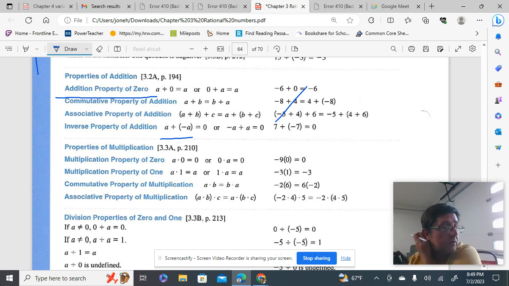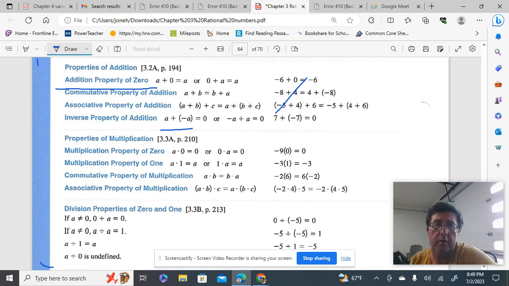You can switch those around. You can do that in multiplication too. You can't do that in division and subtraction, but you can in multiplication and addition. Okay, so the associative property of addition is just when you're moving the parentheses.